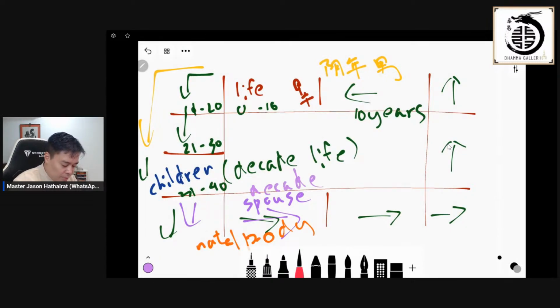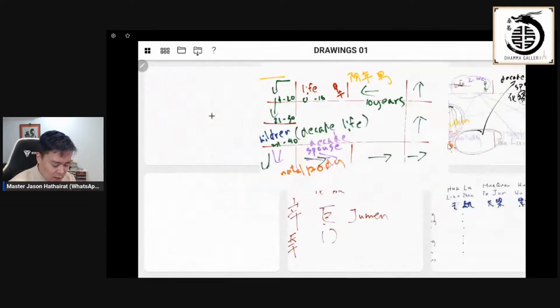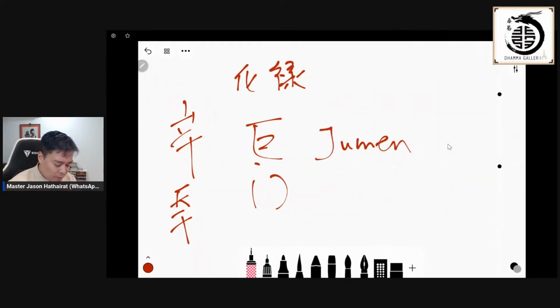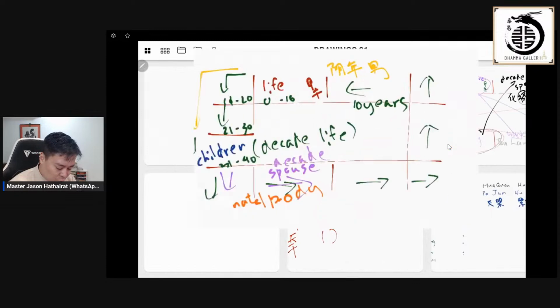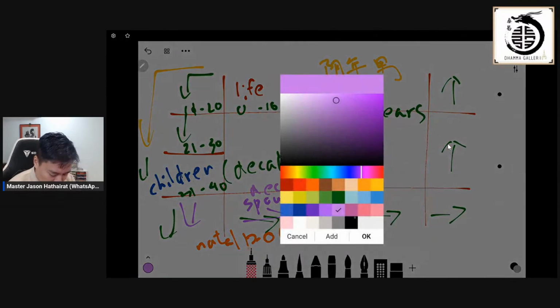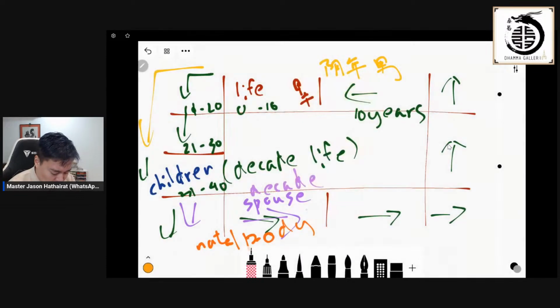As I have mentioned earlier on, Xin heavenly stem will have Jumen being paired to Hua Lu. And this person's Jumen is right here, paired with Hua Lu. Therefore, it is an indication also of the need to take care of his children. He has to give his wife money.